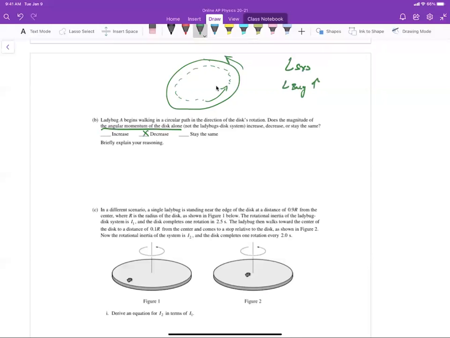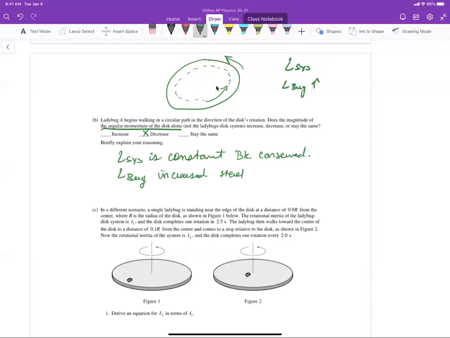Why? You had to state the angular momentum of the system is constant, because it's conserved, or because there are no outside forces, right? The angular momentum of the bug increased because its velocity increased, right?